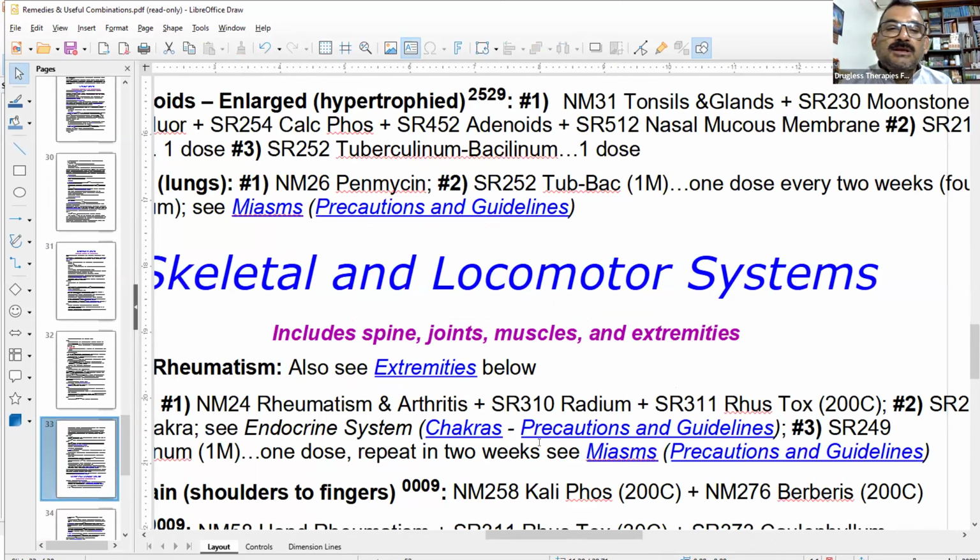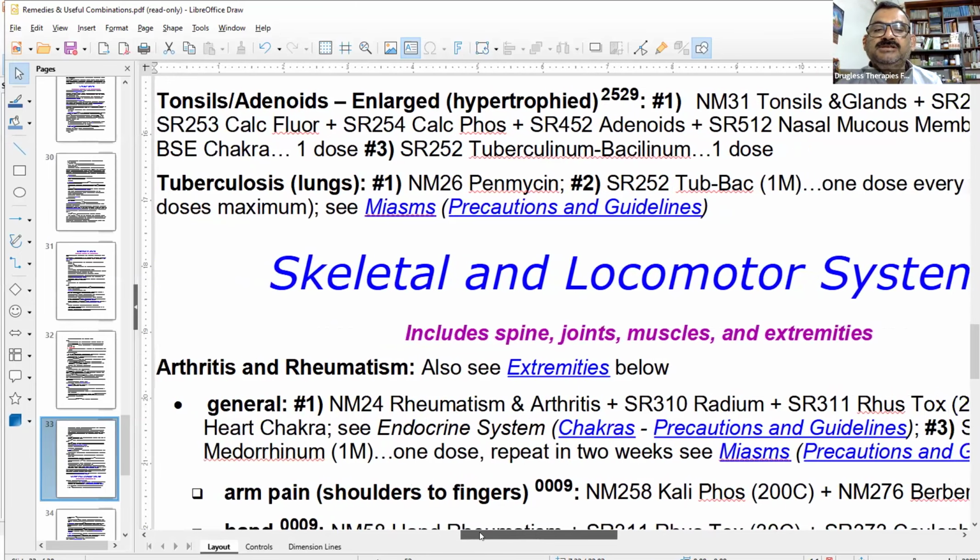So what are our most frequently used remedies in our vibronics? General rheumatism. We can say arthritis and rheumatism in general.